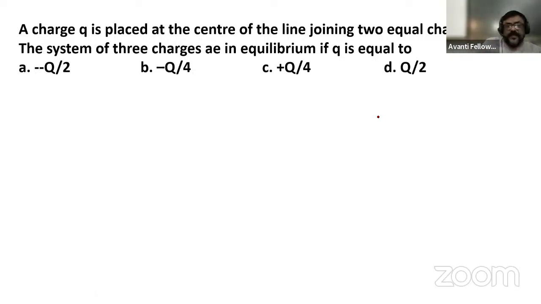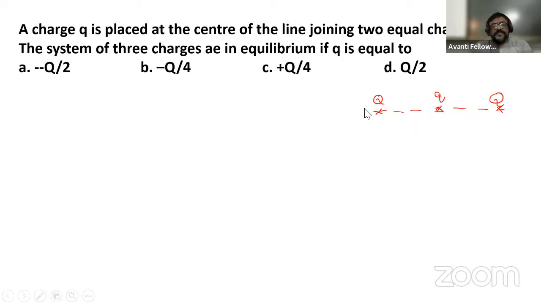We have two points. So I have a charge Q here, another charge Q here. Then at the center of the line joining these two charges, capital Q and capital Q, another charge q is kept.